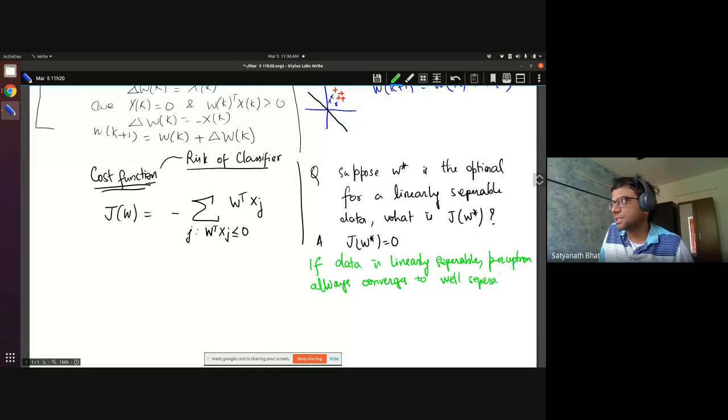What that means is it produces a W star such that W star xj is greater than 0 for all j, in the modified sense.